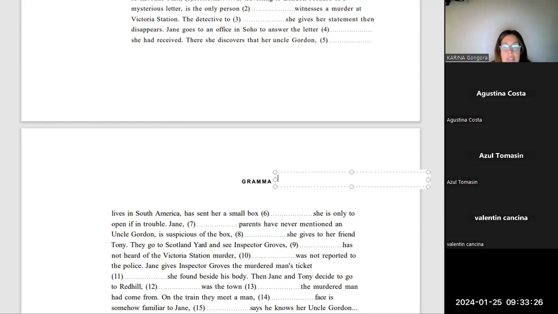Witnesses means see something. Yes? Ser testigo de. The only person, es el verbo ese. It's okay what you wrote. Number 3 is good.